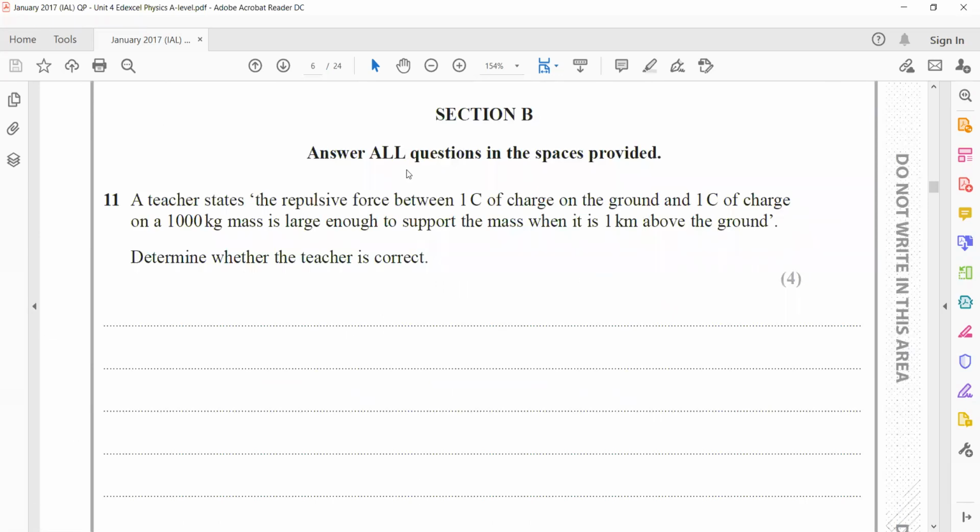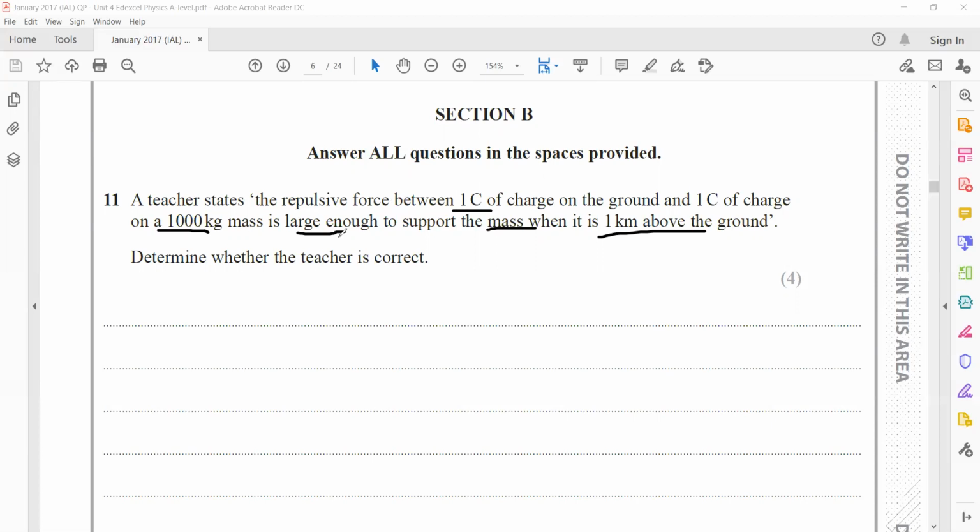Okay, a teacher states that the repulsive force between 1 coulomb of charge on the ground and 1 coulomb charge on 1000 kg mass is large enough to support the mass when it is 1 kilometer above the ground. Determine whether the teacher is correct.